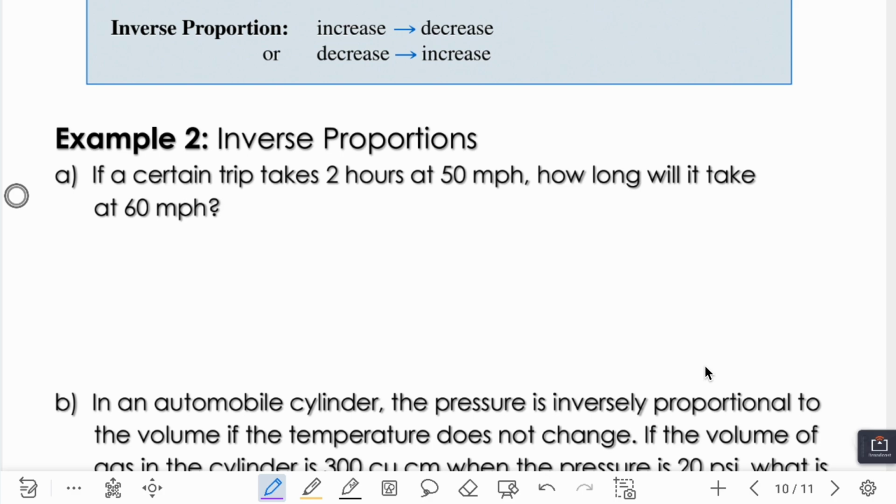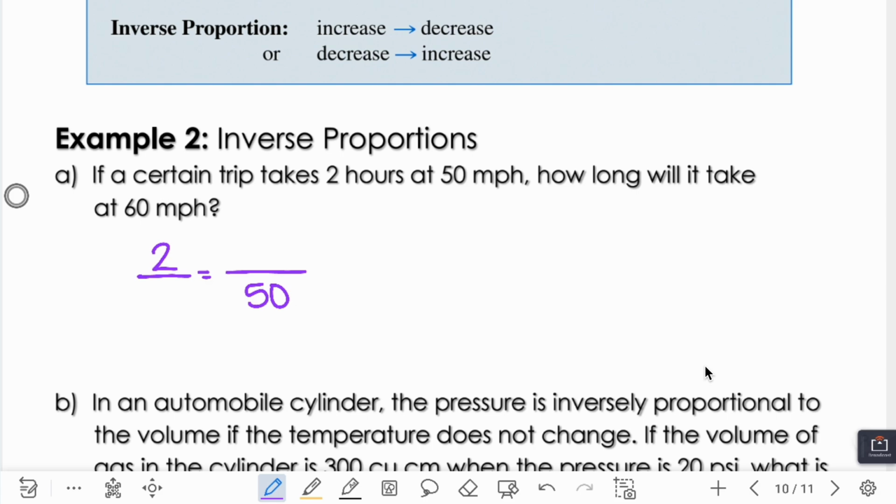So when you set this one up, inverse, remember, I said meant opposite, or in this case, flipped. When I start, I know that my trip takes 2 hours at 50 miles per hour. This time, instead of going straight across my equal sign, I'm going diagonal.